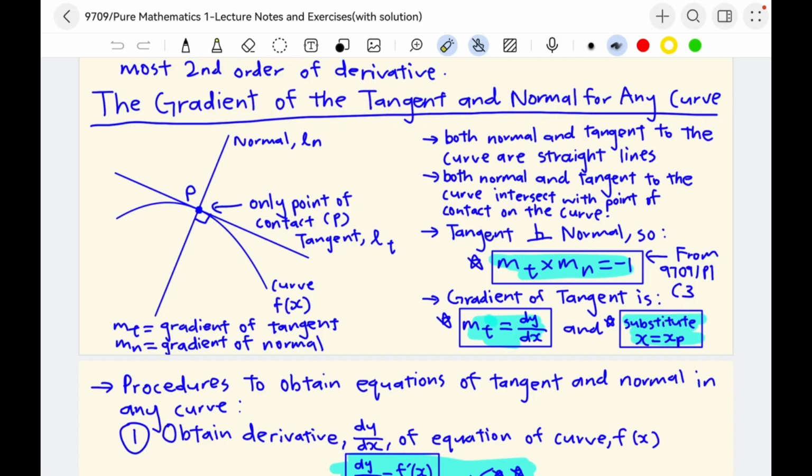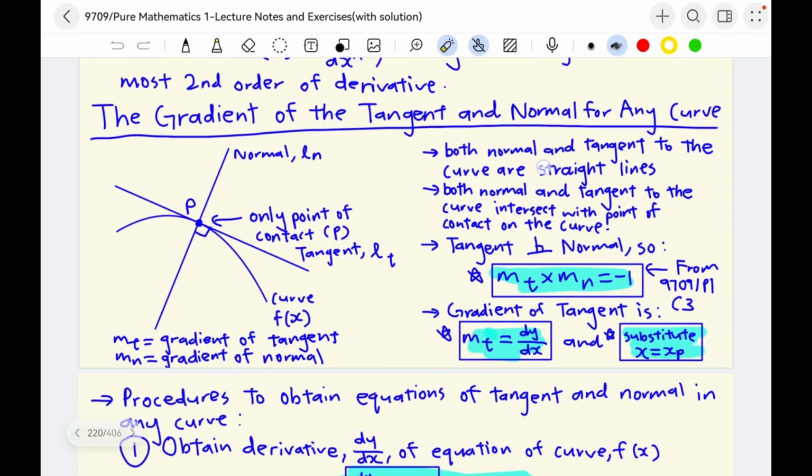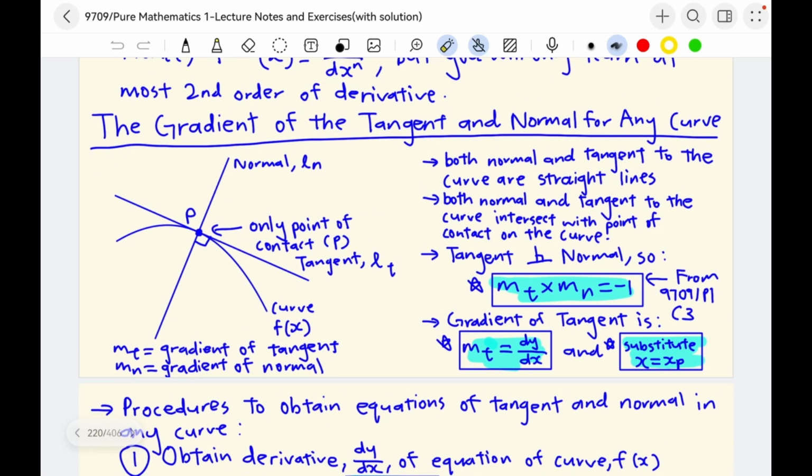As we have learned, the gradient of the tangent is actually the dy/dx that we approximated using limits, so I'm not going to repeat those facts here. The tangent only touches one point on the curve.